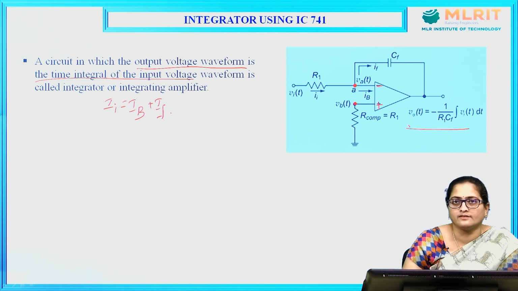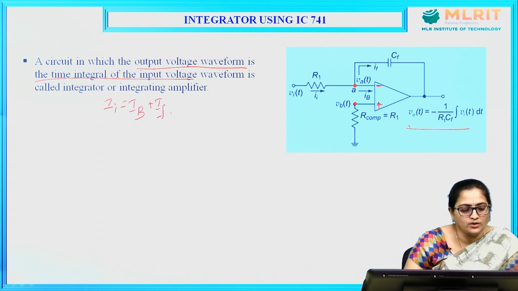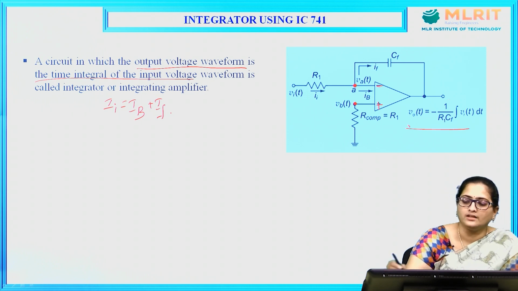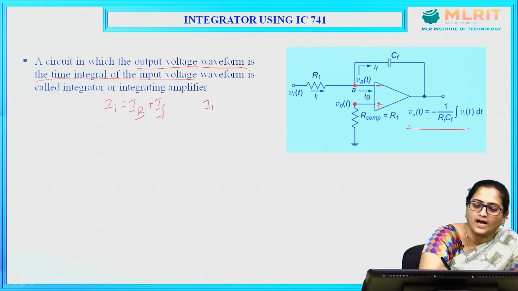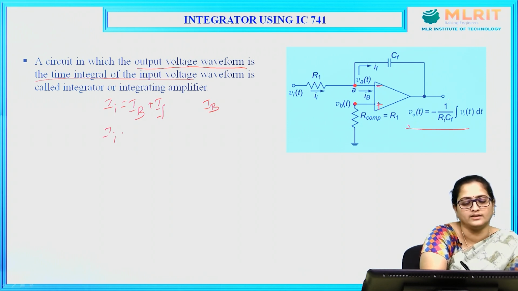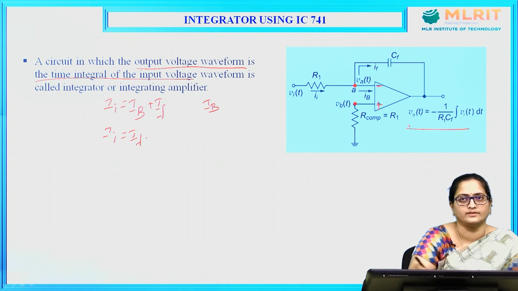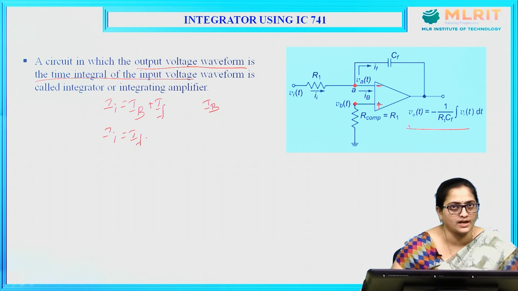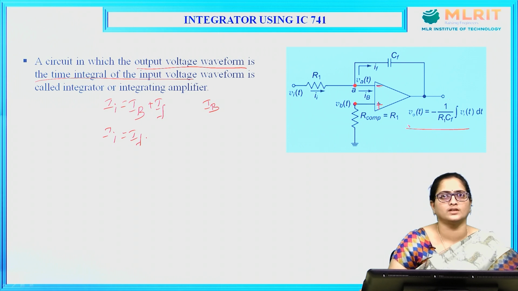As the gain of this circuit is very high, you can neglect the current IB and rewrite this as II equals IF, that is, the current across the resistor equals the current across the capacitor.